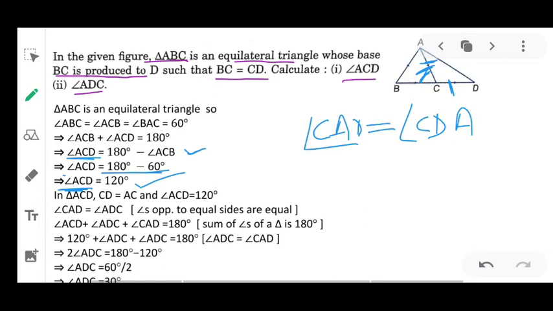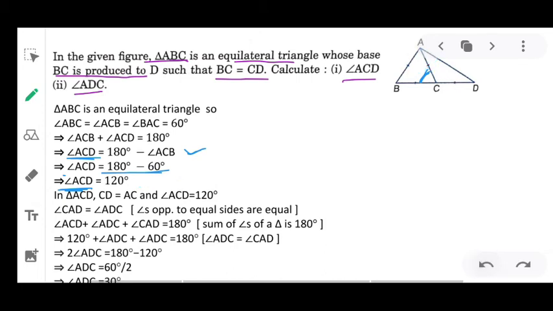So write angle CAD equals angle ADC. The reason is the angles opposite to equal sides are equal. Then angle ACD plus angle ADC plus angle CAD is 180 degrees. The sum of these three angles in triangle ACD will be 180 degrees, no?